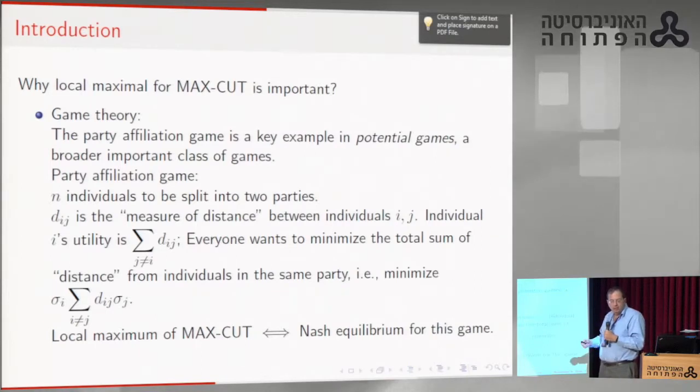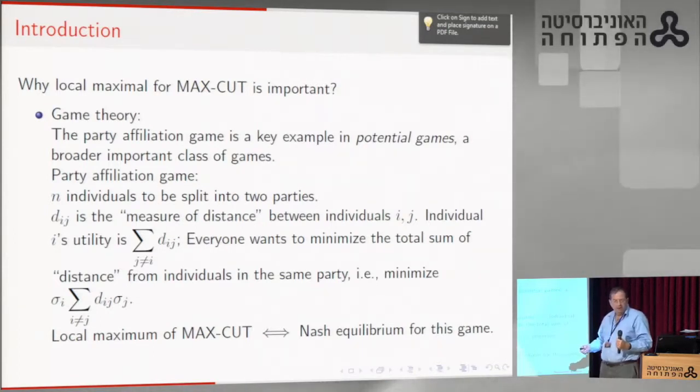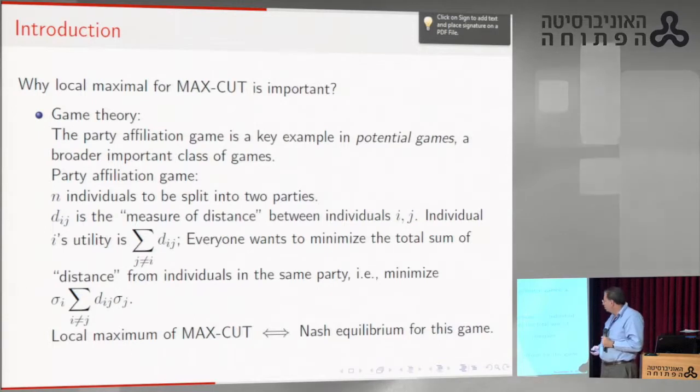So a Nash equilibrium for this party affiliation game, where you want to be in the same party as those close to you, is just the same as a solution of local max cut.